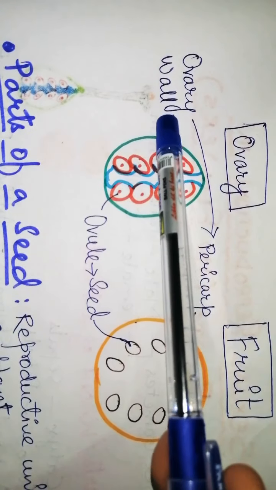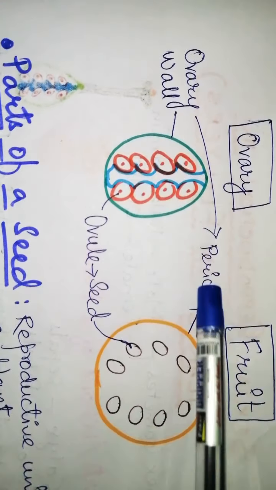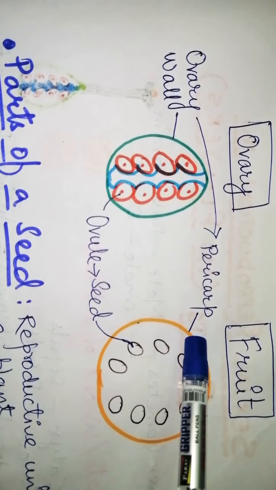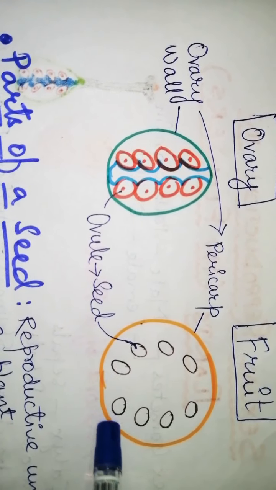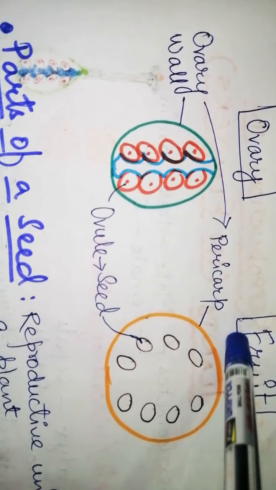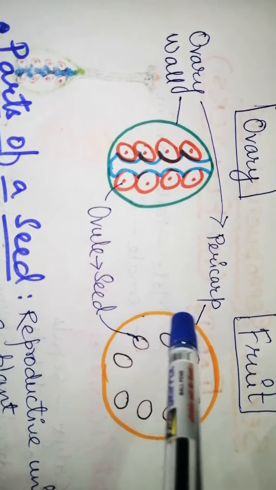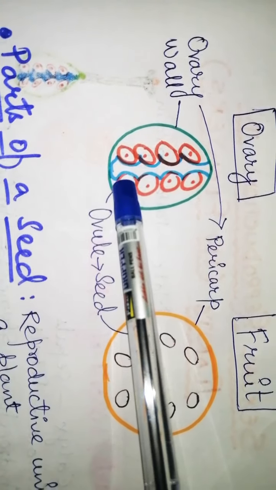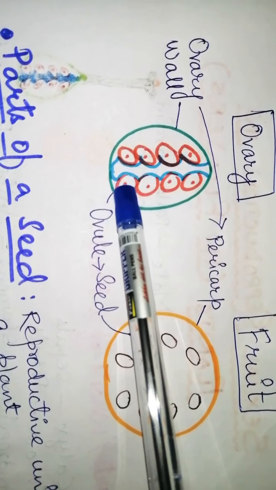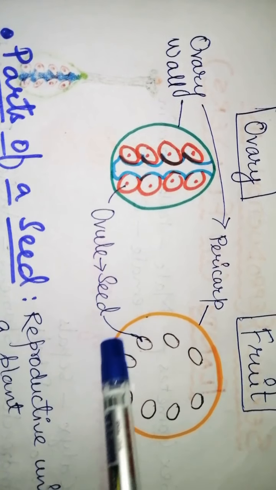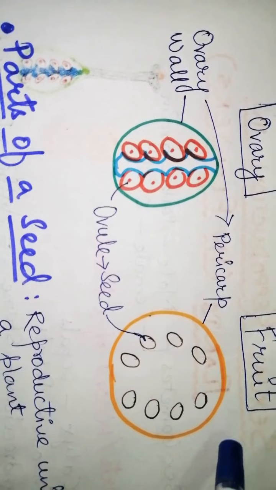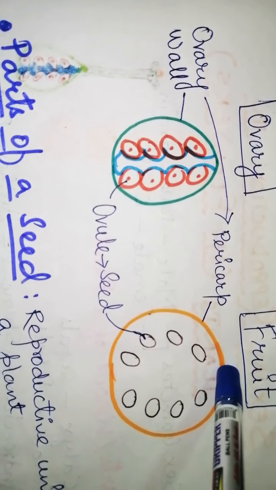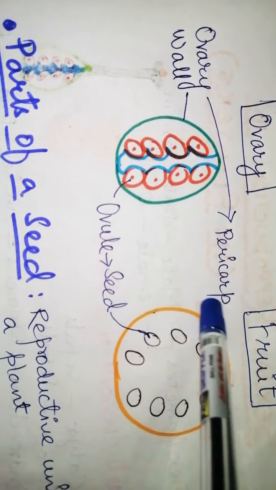Now the ovary wall is converted into the pericarp. Pericarp is nothing but the edible outside thin layer present around the fruit, and each ovule is converted into the seed. Now this is the complete fruit which contains the pericarp, means edible outside thin layer.